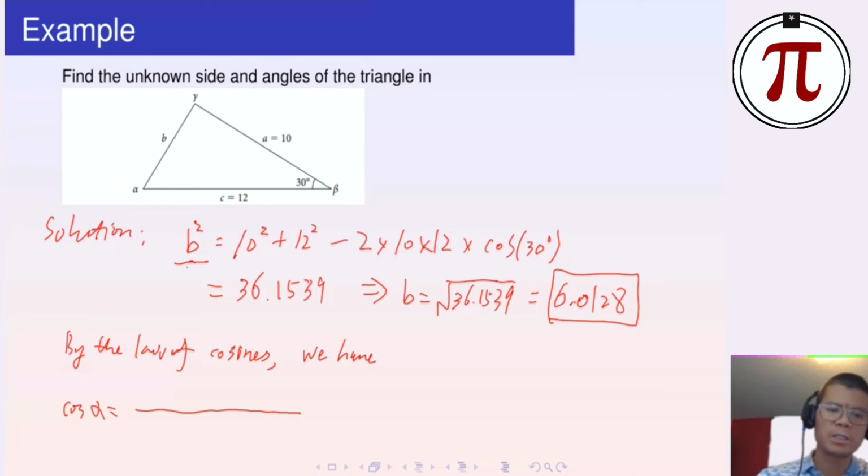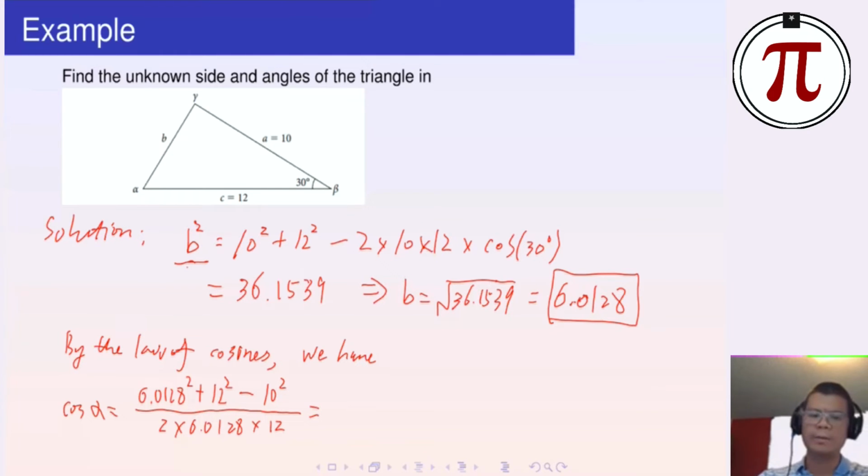So that's going to be 6.0128 squared plus c squared, 12 squared, minus a squared, 10 squared, over 2 times 6.0128 times 12. That is going to be cosine alpha. So what is that?